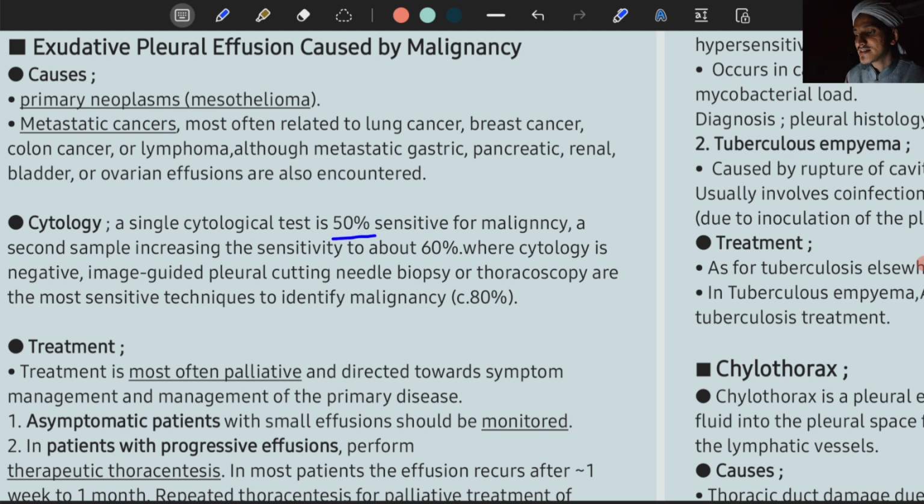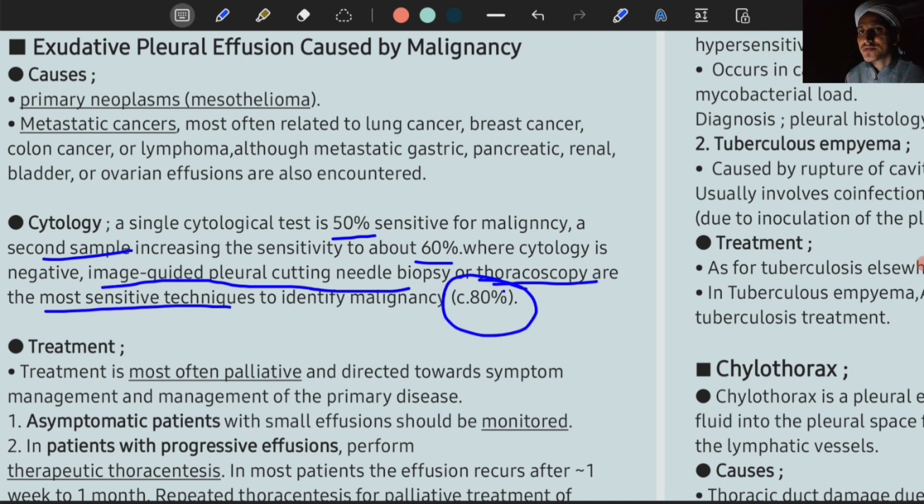A second sample takes the sensitivity to 60%, and if it is not confirmed by cytology, then you can do an image guided pleural cutting needle biopsy, or thoracoscopy. These are the most sensitive techniques to identify malignancy, about 80% sensitive, okay.